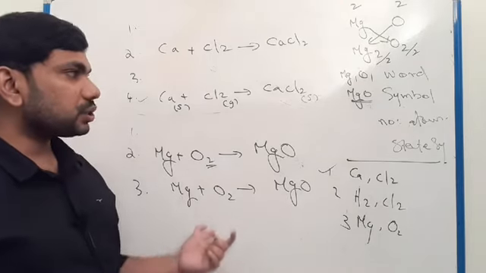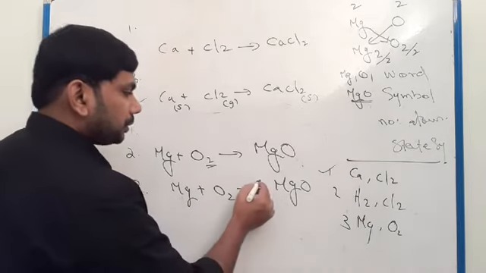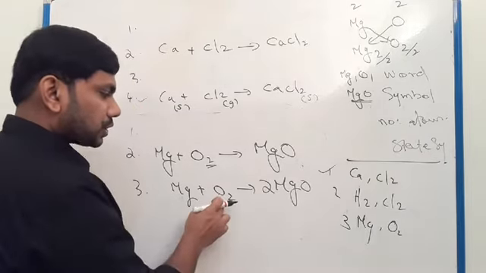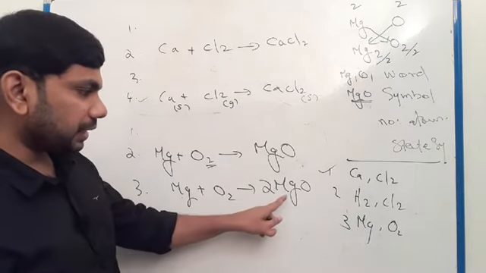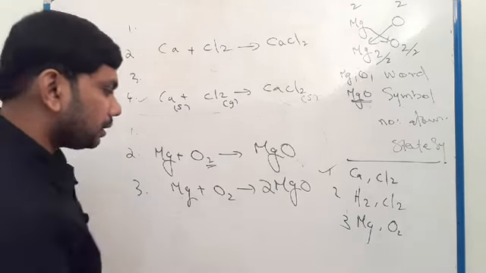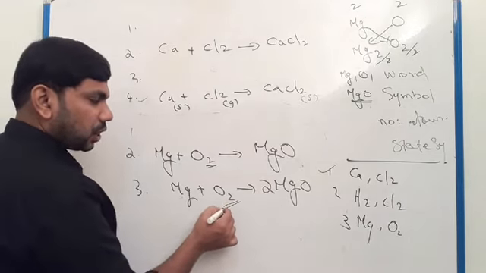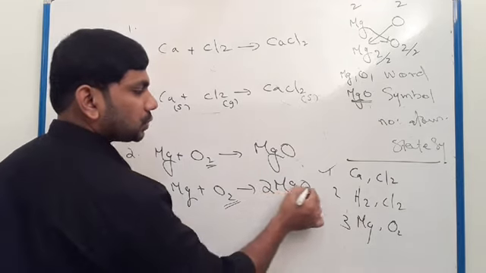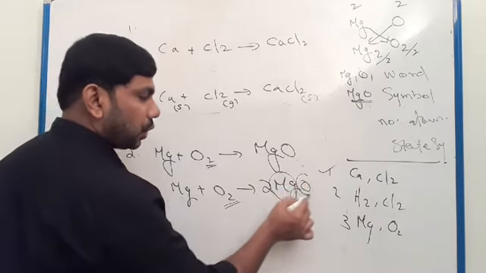As in the case of H2 plus O2 giving H2O, I told you to balance: here 2 oxygen, you just write 2 over here. Now the number of oxygen is balanced. Here 2 oxygen, here also 2 oxygen. 2 MgO means 2 magnesium and 2 oxygen.